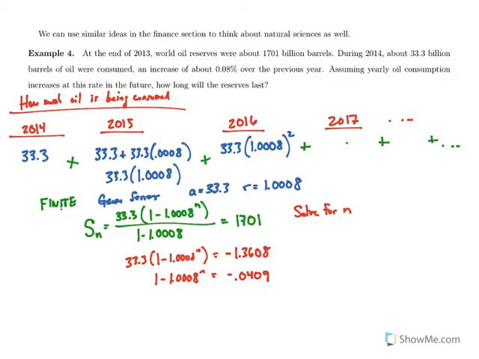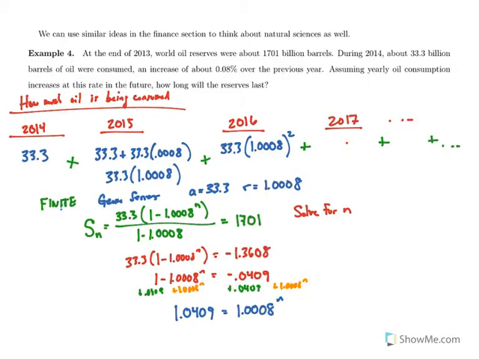We're going to add 1.0008 to both sides, and this will give us 1.0409 equals 1.0008 to the n power.